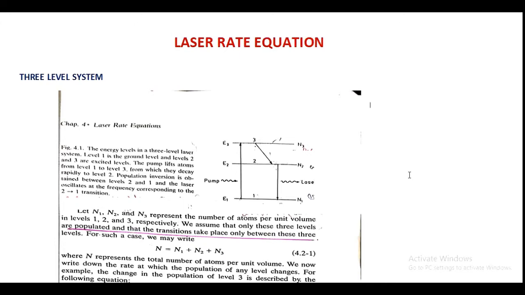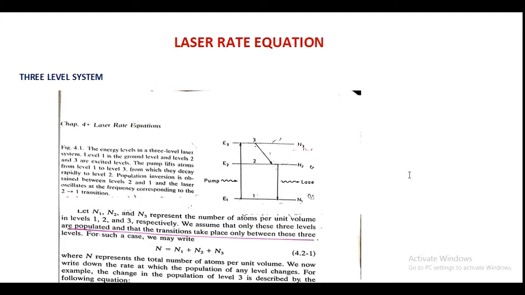The rate equations provide a convenient means of studying the time dependence of the atomic populations of various levels in the presence of radiations, with frequencies corresponding to different transitions of the atom.